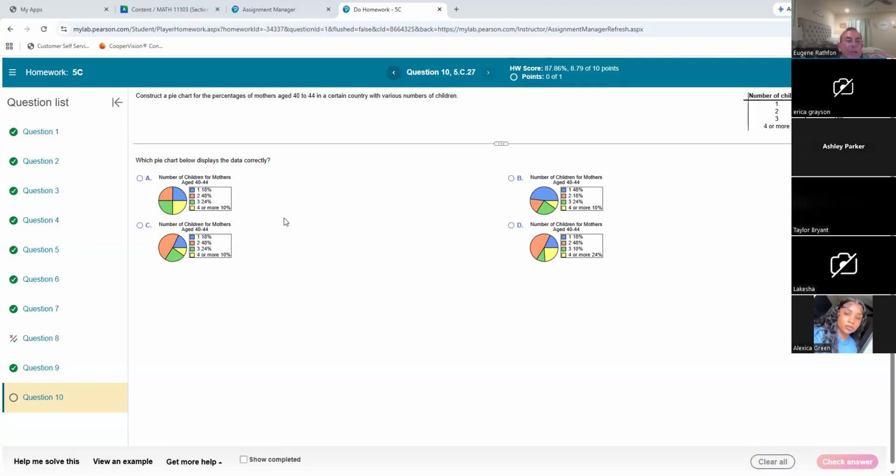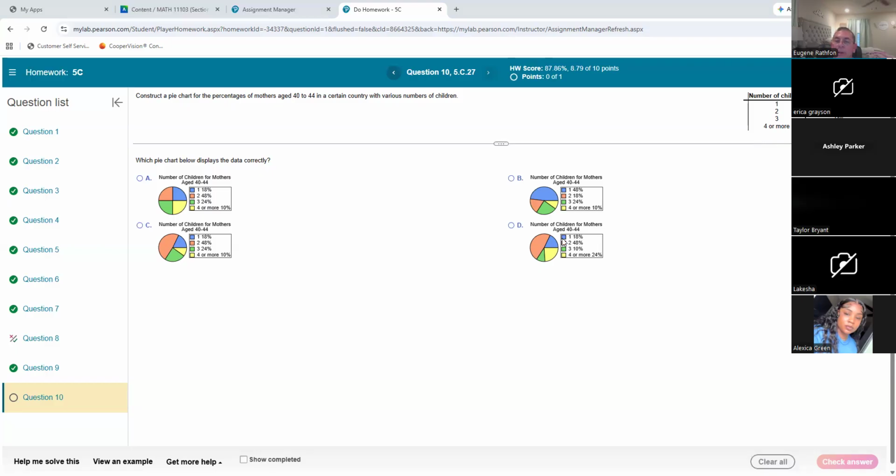Two is 48%, that's orange. Look how much of that orange there is, that's 48. Three should be 24, green, and then four would be the 10. So the difference between B and C, B, their 48% was for one kid, but that don't match the little table up here, okay?